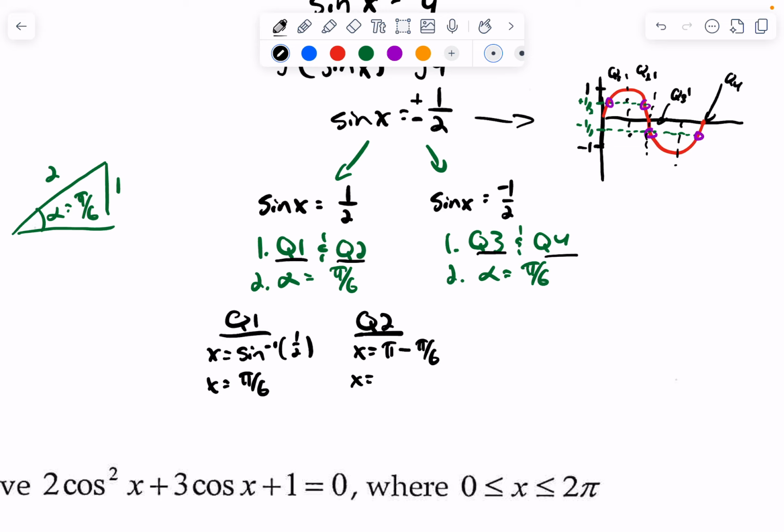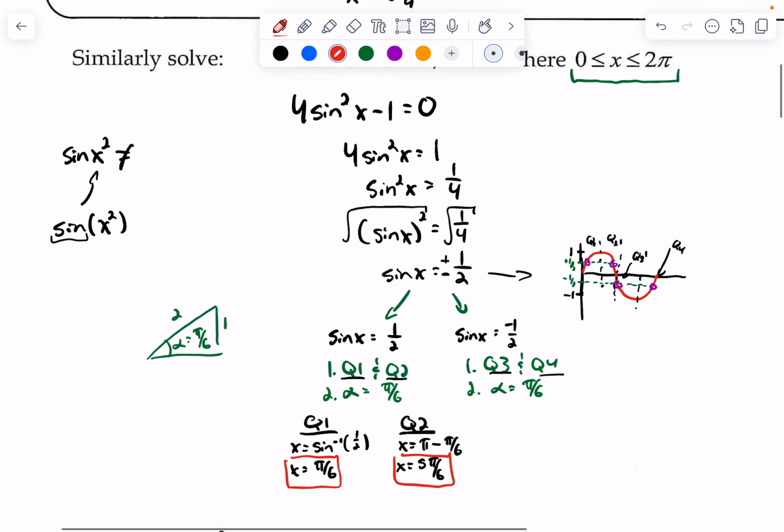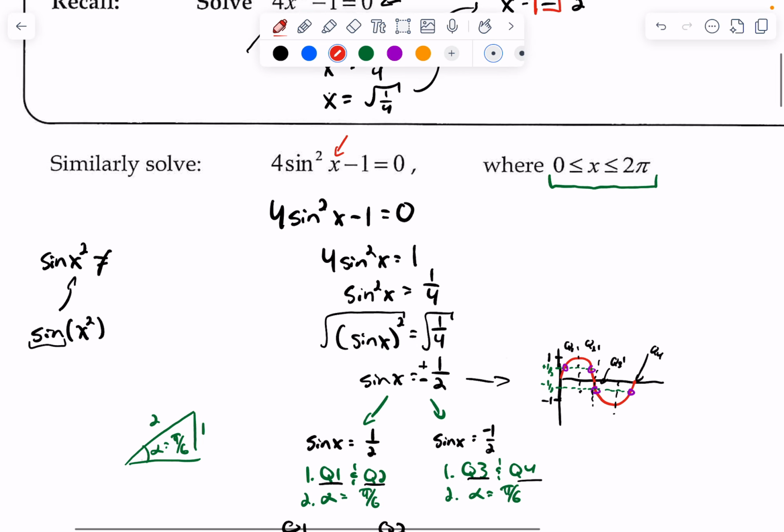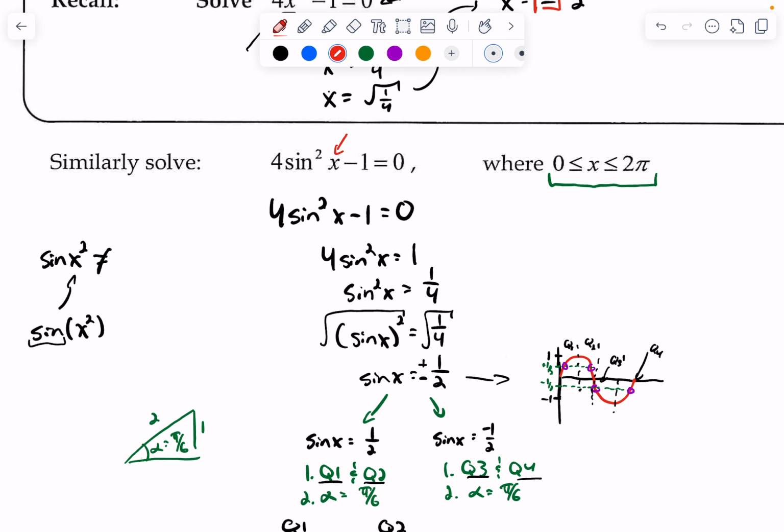So in this case, that would be 5 pi over 6. So what this means is that these are 2 solutions that would satisfy the above problem. If you were to plug in pi over 6 or 5 pi over 6 into this problem, you would get an output of 0, all right?